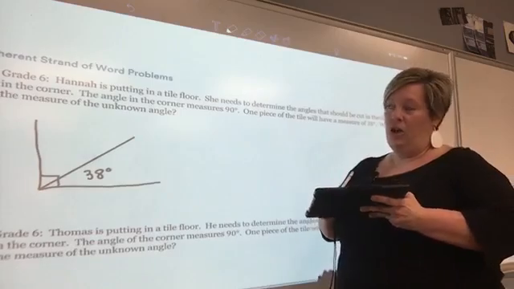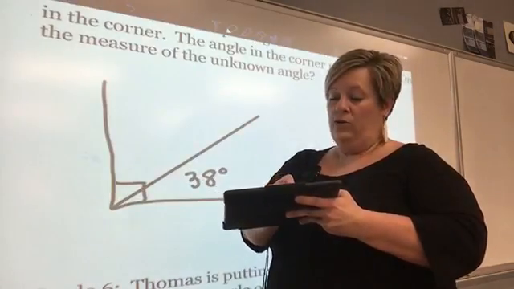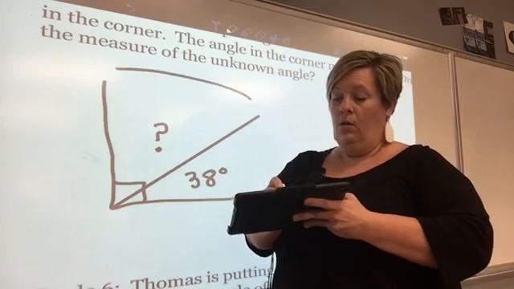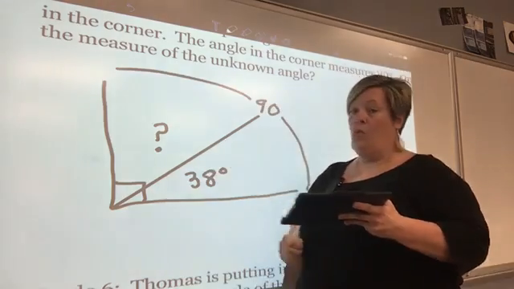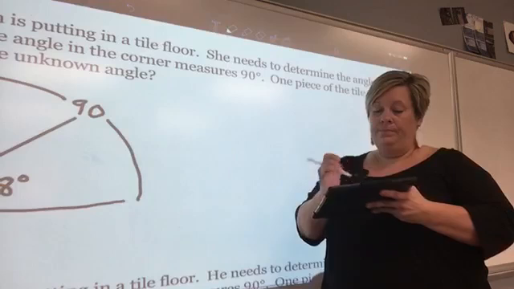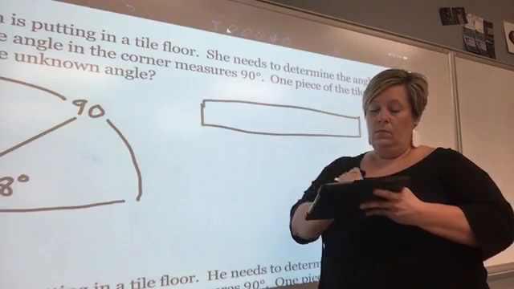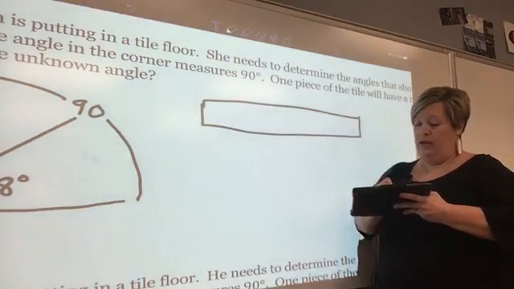What is the measure of the unknown angle? So this is what we are trying to find. We know that the whole angle will measure 90 degrees, and we want to know what is the unknown. Using a tape diagram, we know that the whole thing would be 90 degrees.